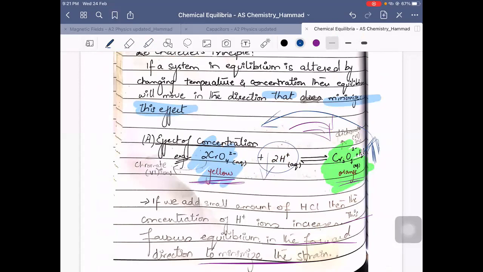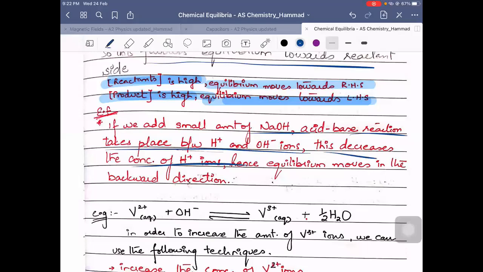The acid gets consumed. So basically, the concentration of your reactants is decreasing, and therefore equilibrium favors the backward direction, since an acid-base reaction occurs.